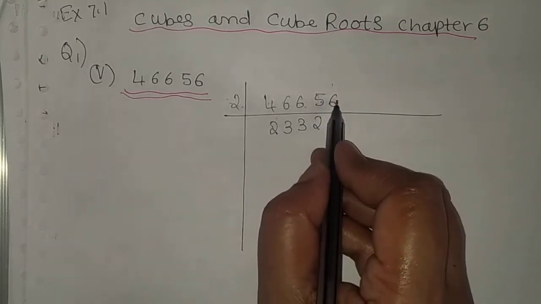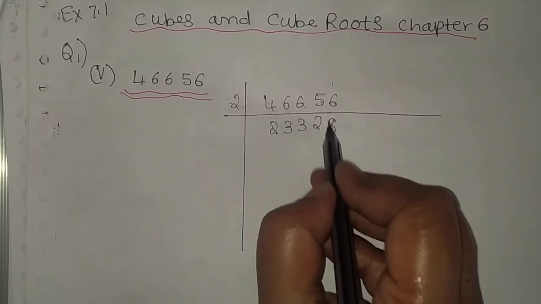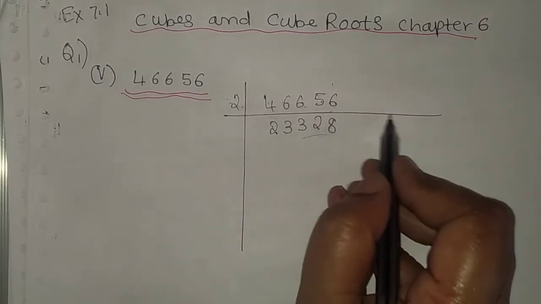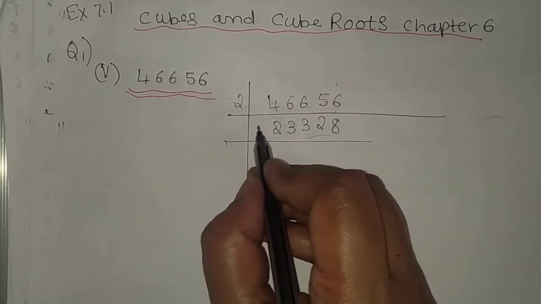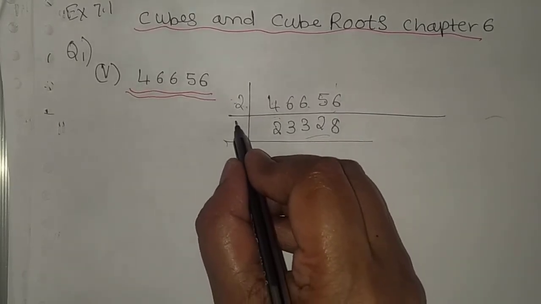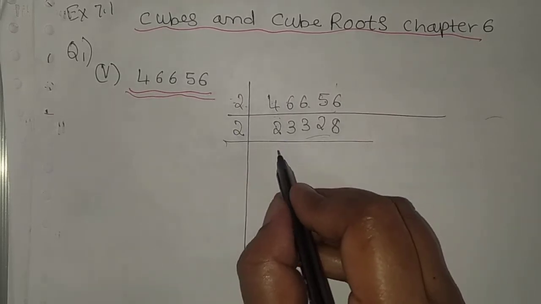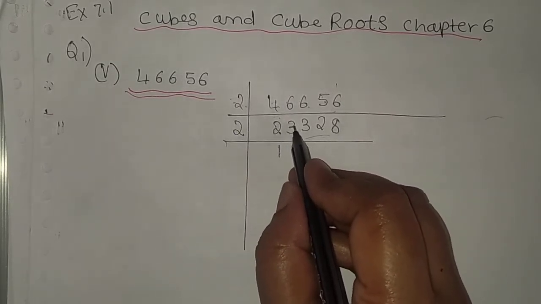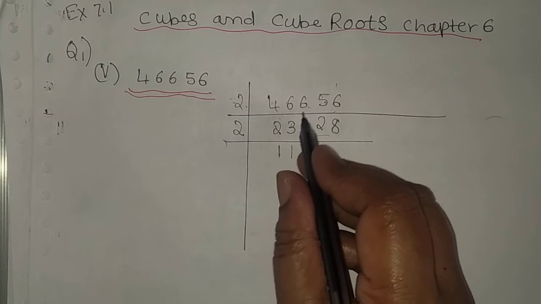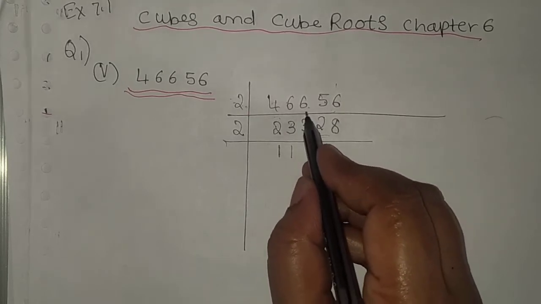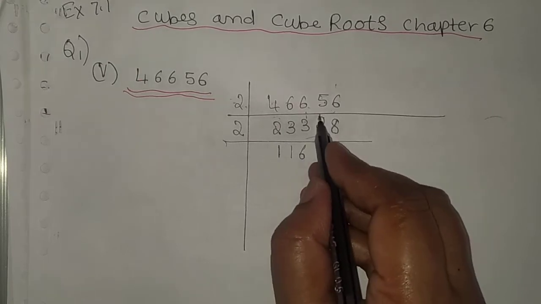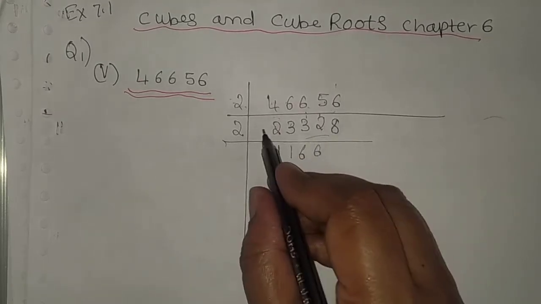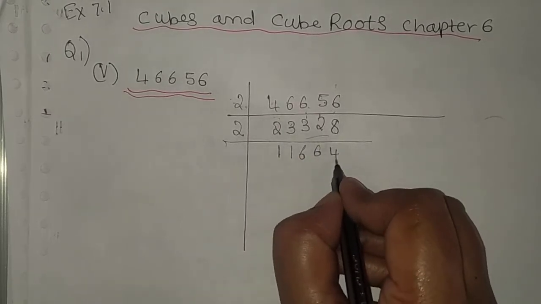Since it is a long 5-digit number, we can directly write, there is no need for multiplying or using a calculator. So again I will continue the same. 2 1s are 2, again 2 1s are 2, 1 goes this side, then 2 6s are 12, one remainder goes here, again 2 6s are 12, then 2 4s are 8.